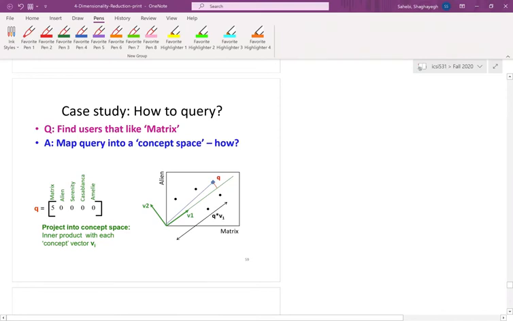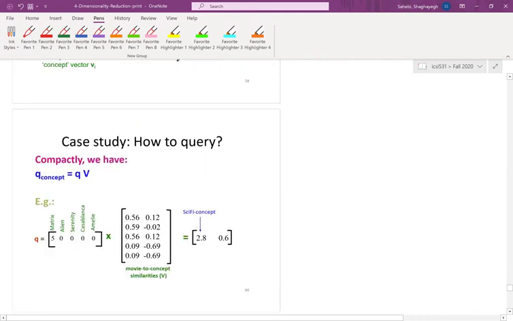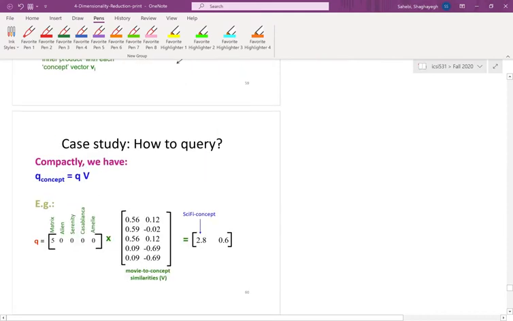So to do this projection, we can take the inner product with each of the concepts that we have. What are the concepts that we have? They are represented in our V matrix, right? So we multiply our query with the V matrix, which is movie-to-concept similarities. Here I have movies, here I have similarity between movies and concepts.